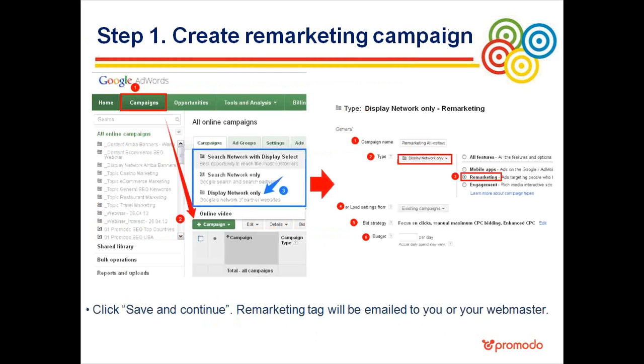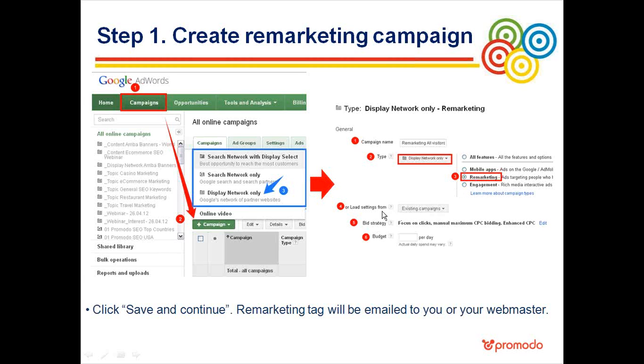So the first step is remarketing campaign creation. You go to the campaigns section of the upper panel. There you select add campaign, and if you are going to set up remarketing for display network only, you select this option. Then in the next window you write the name for your campaign and be sure to select remarketing.